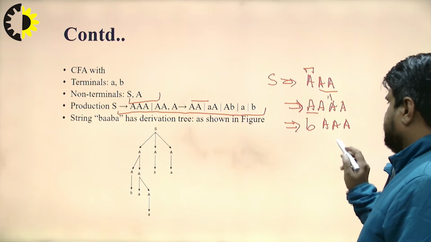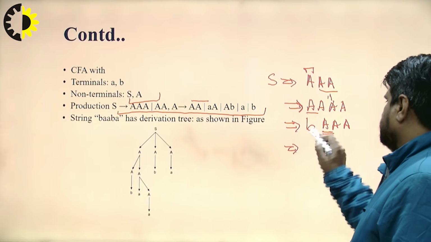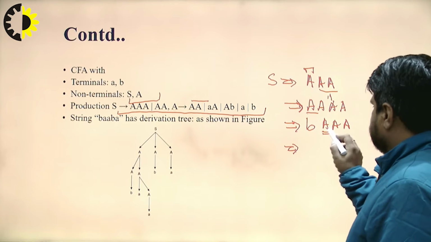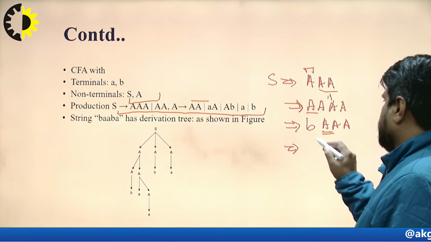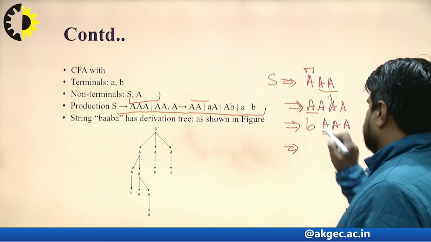Next, the next non-terminal from the left-hand side is A. Suppose I require a particular string, so I choose the production corresponding to that.